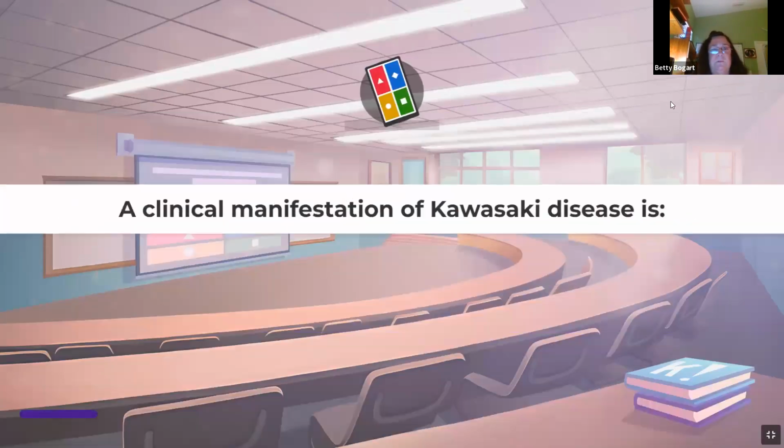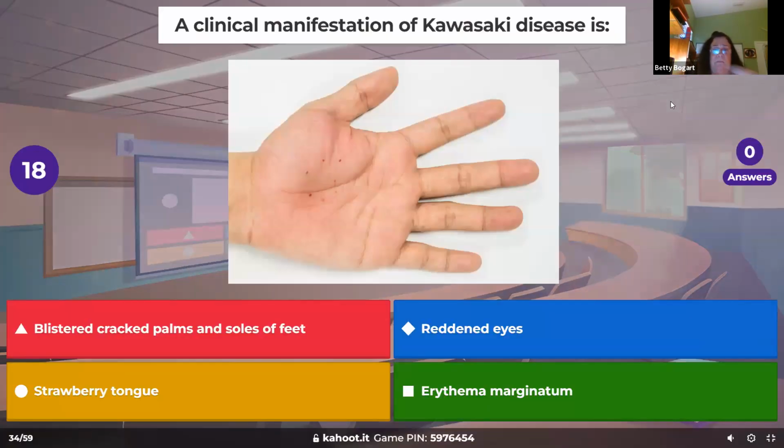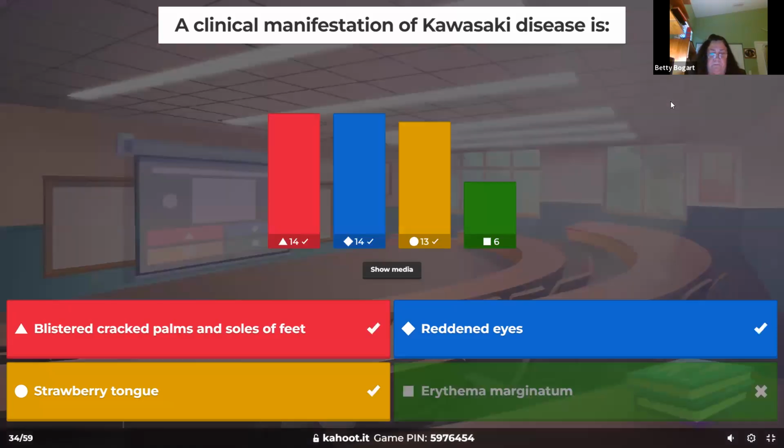A manifestation of Kawasaki disease is what? So the erythema marginatum, that's more of fifth disease, which is a slapped cheek disease thing.